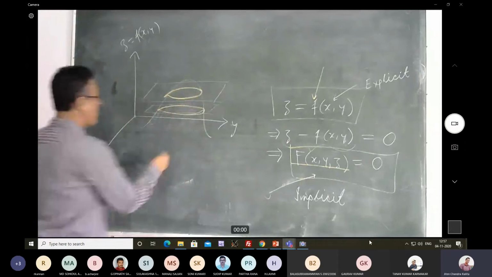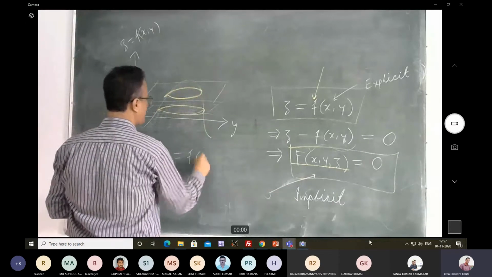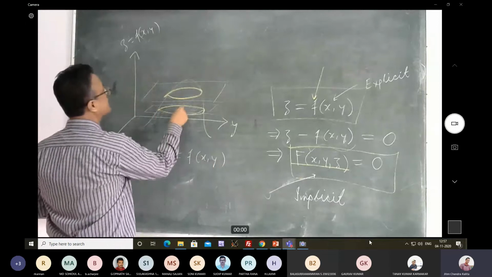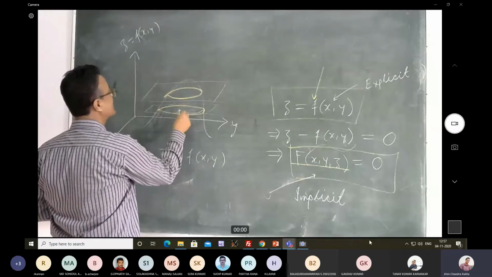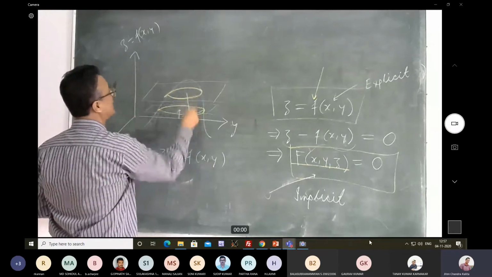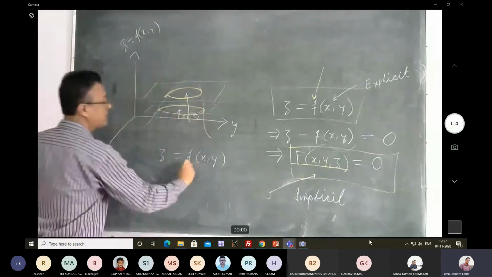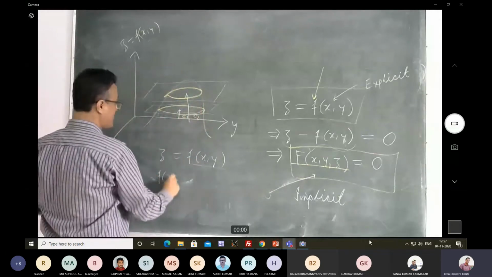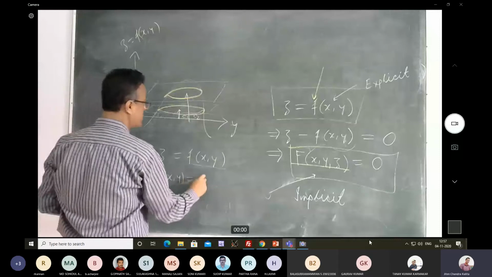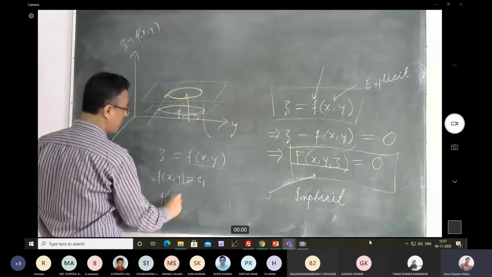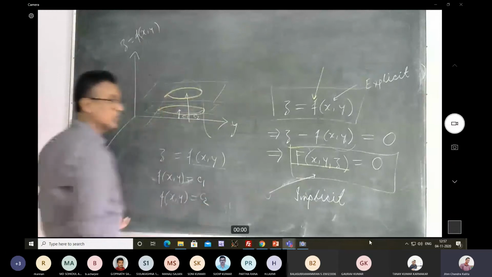My function was z equal to f of x, y. Suppose this height is c1 and this height is c2, the value of z. Then in the first case it gives me f of x, y equal to c1, and in the second case f of x, y equal to c2, right?